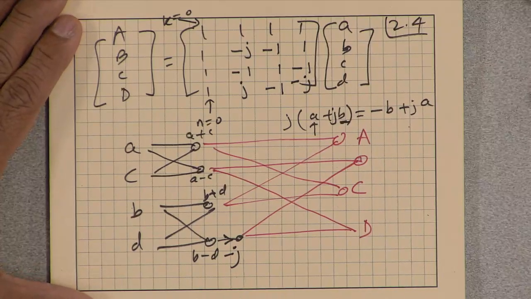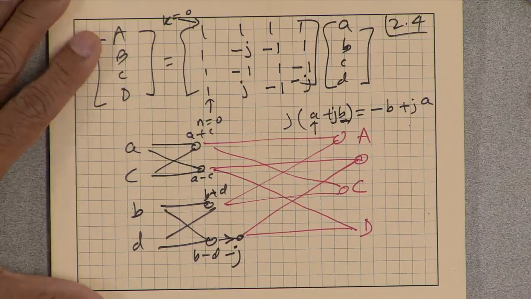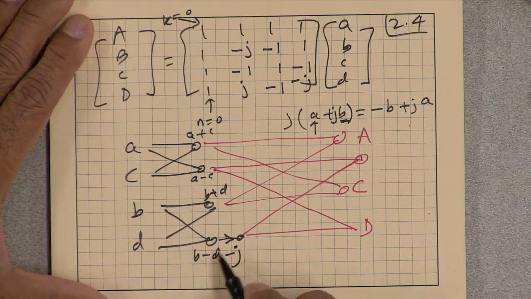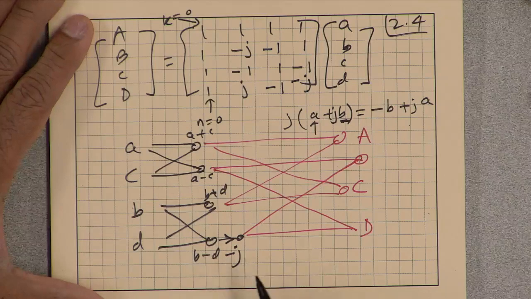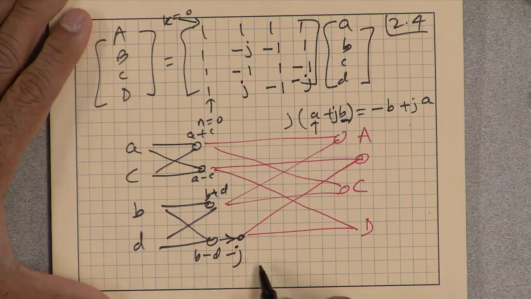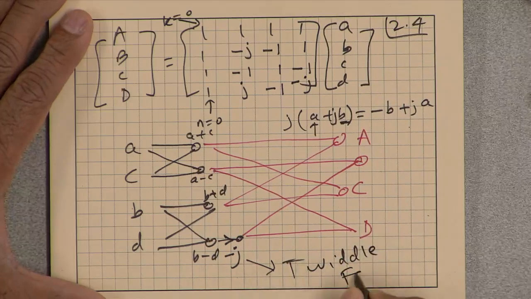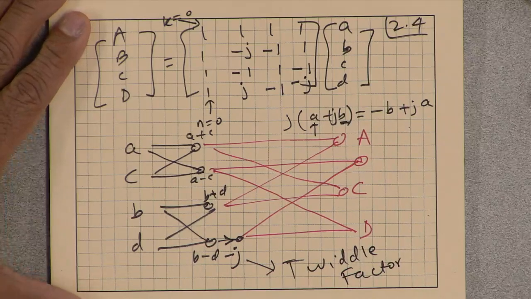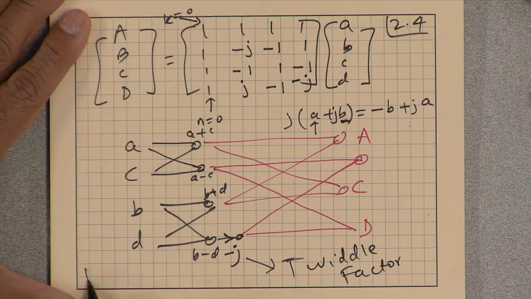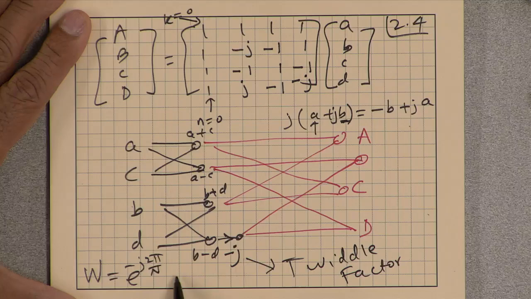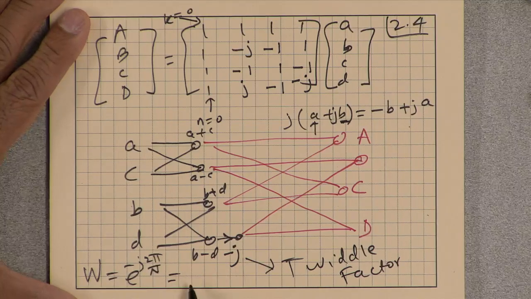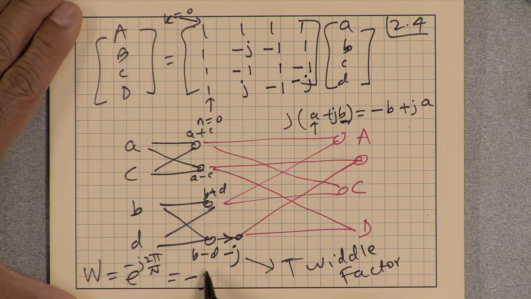And as we will see in a couple of minutes, this multiplication that we had to perform, minus j, will be called a twiddle factor, which are complex exponentials. So in this case, it so happens that the twiddle factor W, which is e to the power minus j 2 pi by N, in this example happens to be minus j.